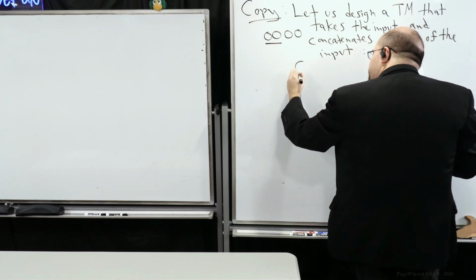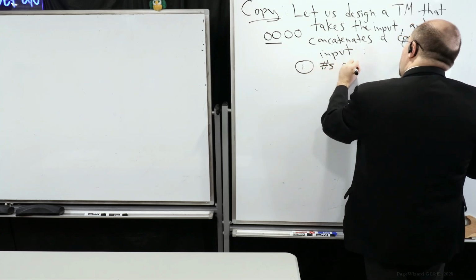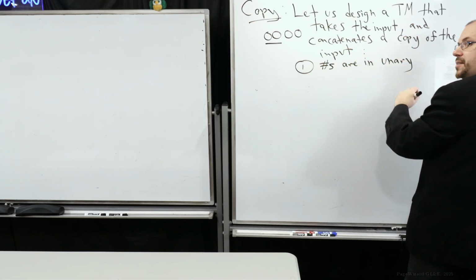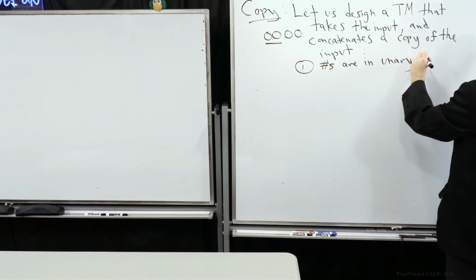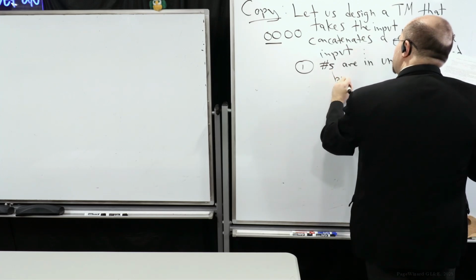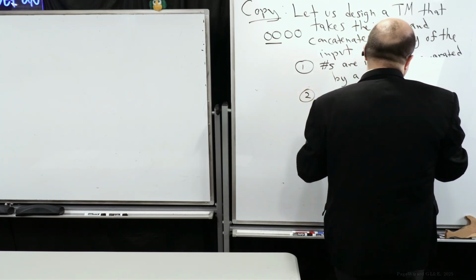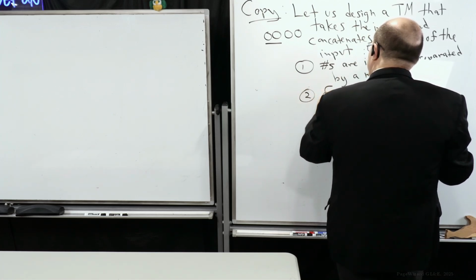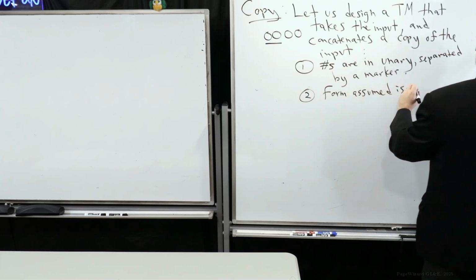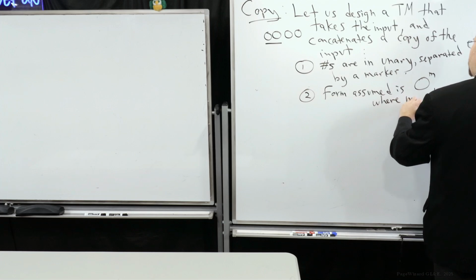Just to give you an idea of what we're assuming, the numbers are in unary, separated by a marker. The form assumed is 0 to the m, where m is greater than or equal to 0.